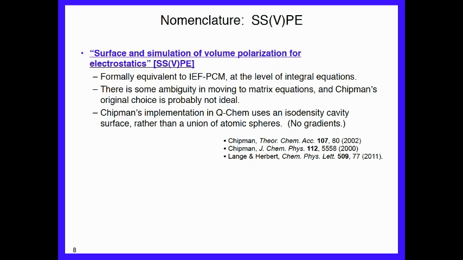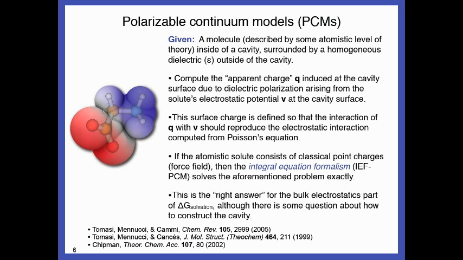I should mention that Dan Chipman's original implementation of the SS(V)PE model, which is in Q-Chem, uses a quite nice cavity surface construction that does not involve a lot of adjustable parameters. Namely, if we go back to this figure of the cavity surface, he defines the cavity as an isodensity contour. So it is the locus of points around the molecule where the electron density is equal to some prescribed value.